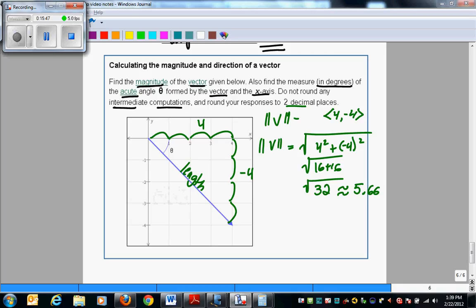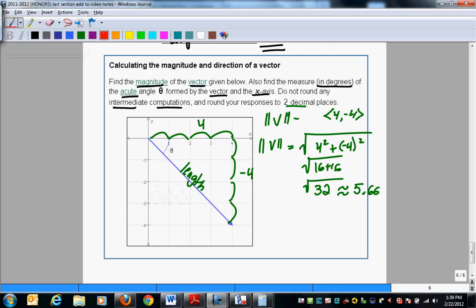Now to find direction, we're going to be looking for this angle right here. Let's pull this out where we can see it. This angle is going to be theta. We're going to be using SOHCAHTOA. We have 4, we have negative 4. And we see here, this is going to be our opposite from theta.